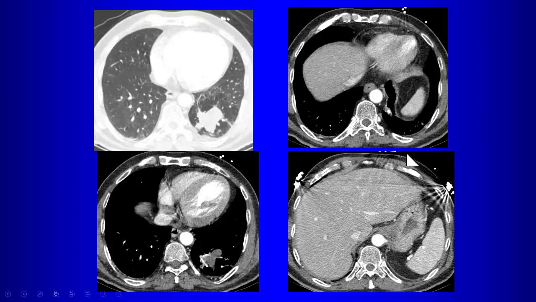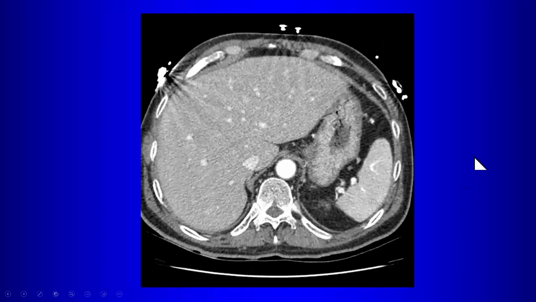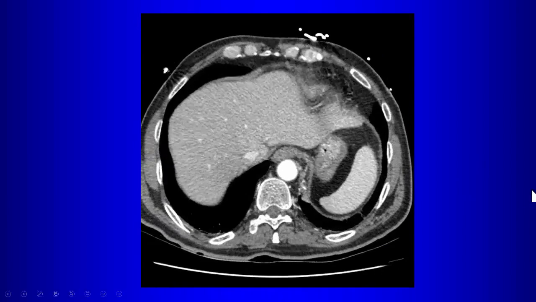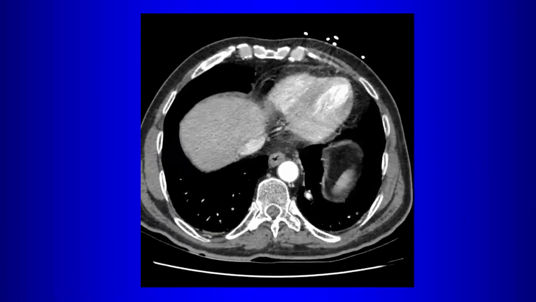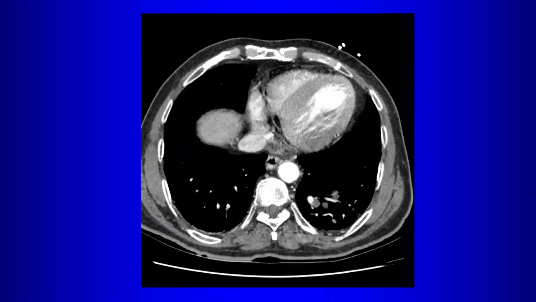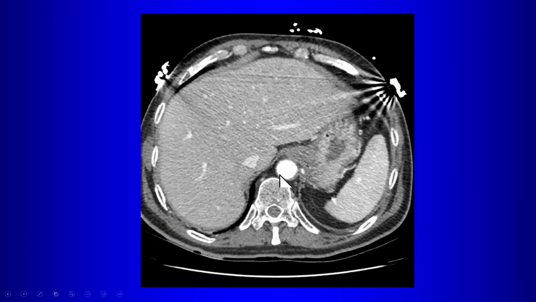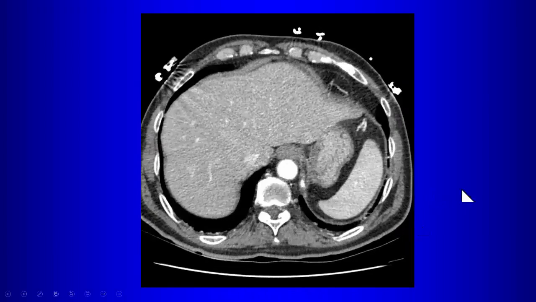So there is this vessel here, right? You might wonder about that. So if we look here, what do we notice? Yeah, so there's a feeding vessel coming off the aorta going to the lesion, right?